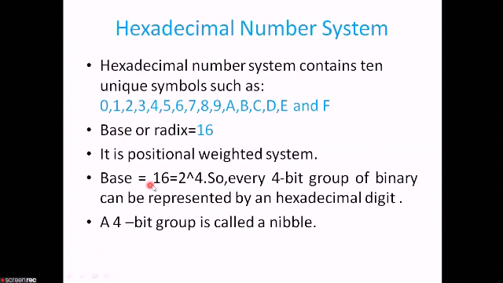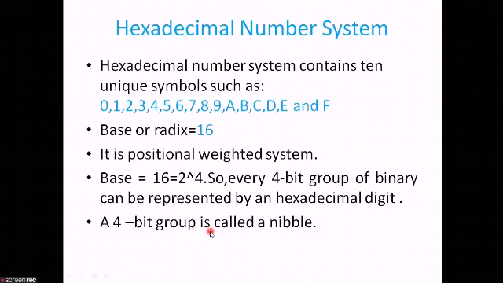Since the base is 16, that is 2 to the power 4, every 4-bit group of binary digit combination can be represented by a hexadecimal digit. So the hexadecimal number is 1/4 of the length of the corresponding binary number, yet it provides the same information as the binary number. Now a 4-bit group is called a nibble. This is also a very important term, the word nibble.